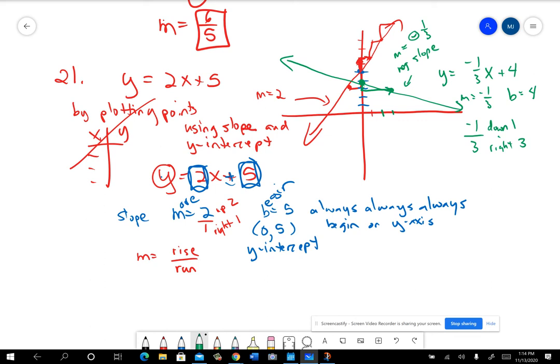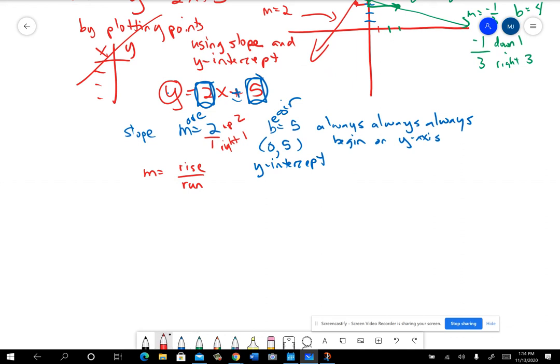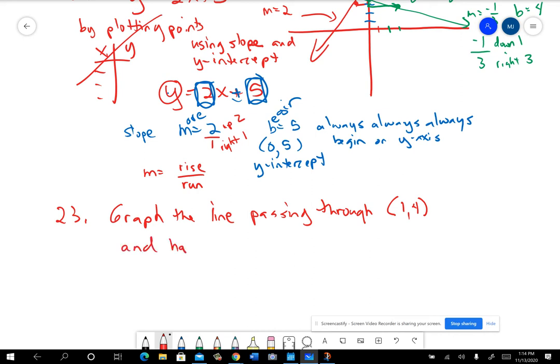All right, let's do one more on this video. The next one I want to do is number 23. Here they're asking us to graph, but it's kind of a strange question. It says graph the line passing through the point 1, 4, and having the given slope.